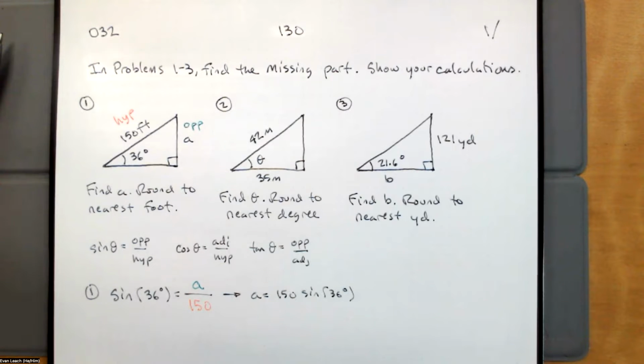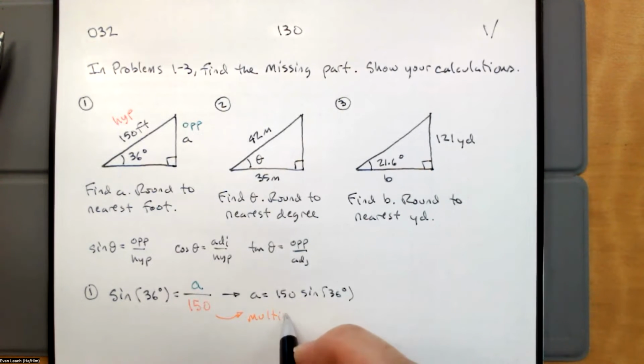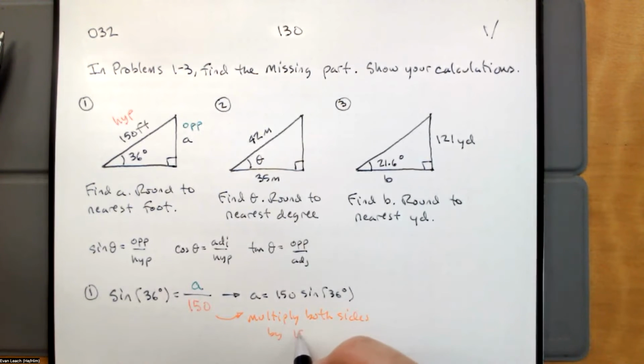We could think we're trying to solve for A, and A is being divided. The inverse of dividing is multiplying, so I'm going to multiply both sides by 150. That might be one way that we think of what to do.